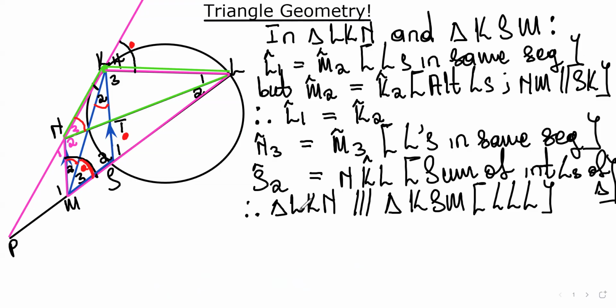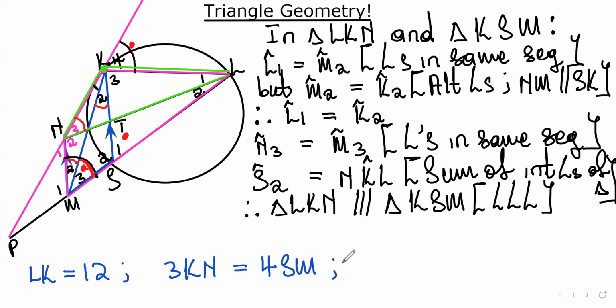Okay, so now the two triangles are similar. Then this is what they tell us. They say, if it is given that the length of LK is 12 units, and it is given that 3 times KN is 4 times SM, then please find the length of KS.